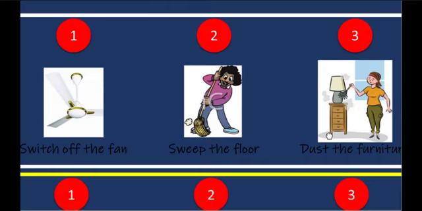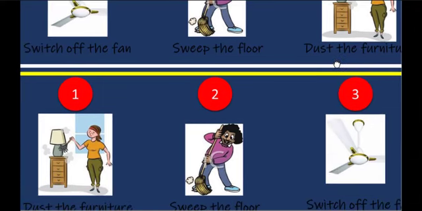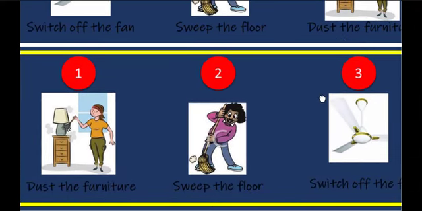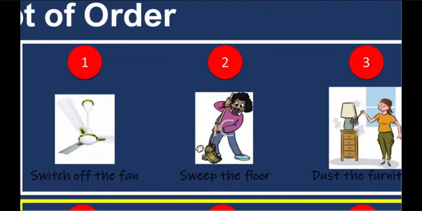There are reasons why they follow that sequence, because there's dust everywhere. If you start by dusting the furniture, when you sweep the floor, you pass on the dust. And while you were sweeping the floor, the fan was just circulating the dust. The whole idea of switching off the fan, the proper order, is to make sure that the dust raised from the sweeping does not circulate to other parts of the room.